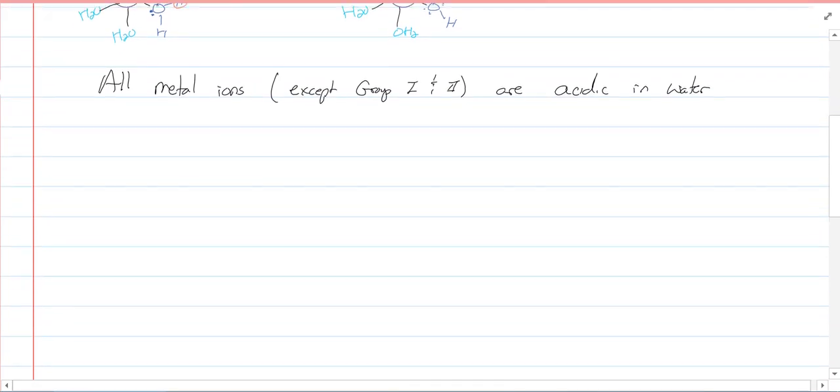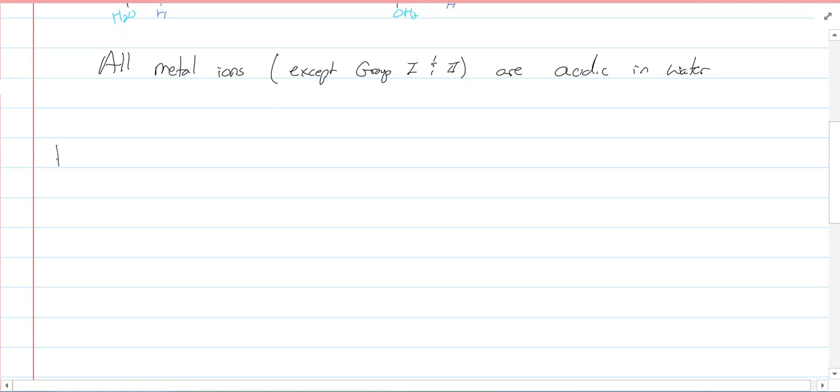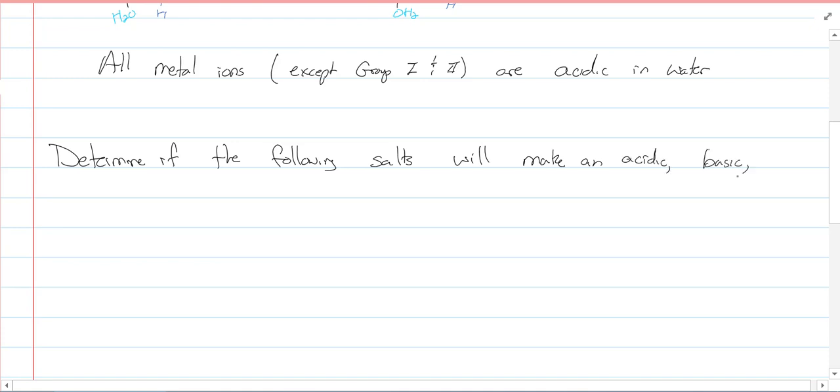This leads us to the next question. Determine if the following salts will make an acidic, basic, or neutral aqueous solution.